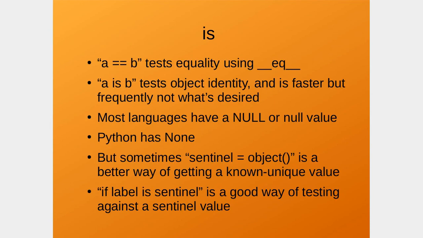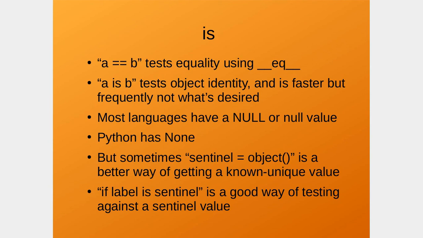Is is kind of an interesting operator in Python. It tests object identity. It does not test equality. So is on None works well because there's only one constant of NoneType, which is called None. So testing it for identity works well.